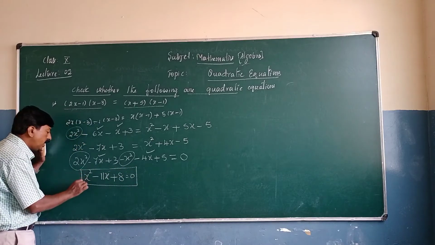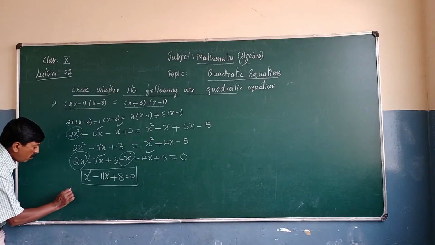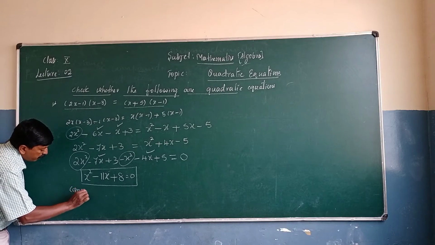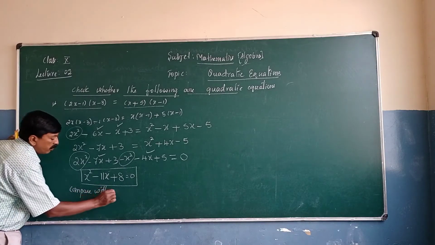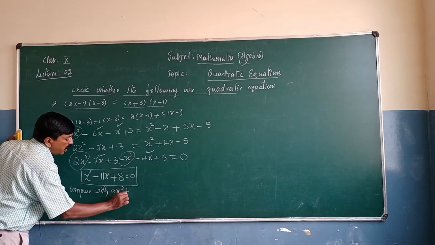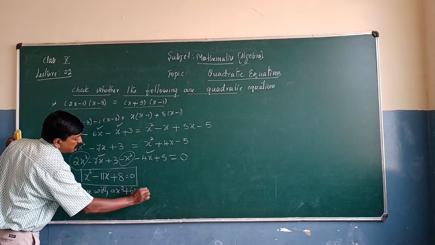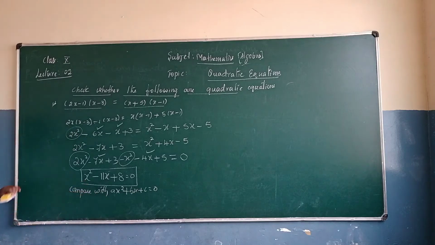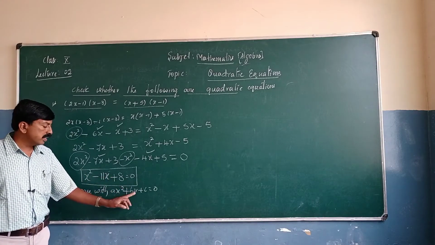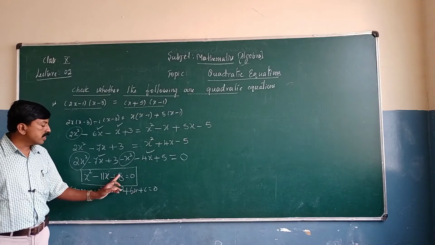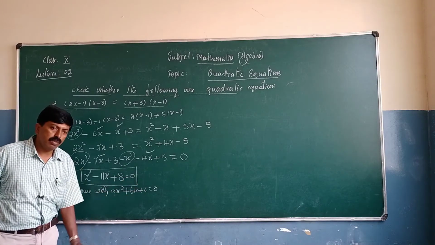Now we got an equation. Now compare with standard form, that is ax square plus bx plus c is equal to 0. Compare these two. x square, x, and constant equal to 0.